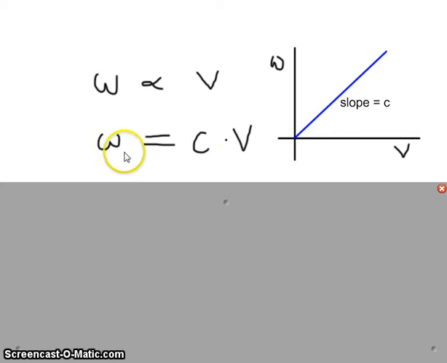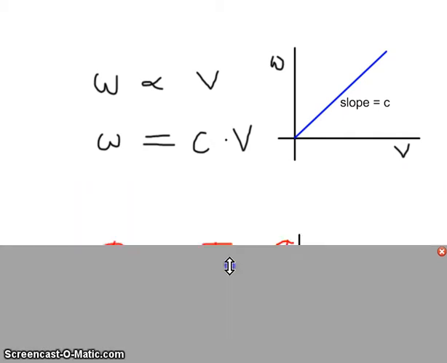So omega is equal to some constant c times the voltage. And graphically, and we've looked at this before, that would be a linear relationship whose slope would equal c, showing that the angular velocity is a linear function of the input voltage. So that's one relationship that we know about.